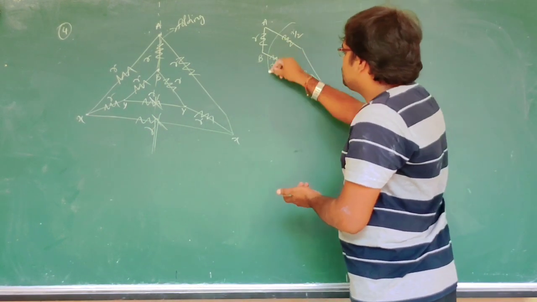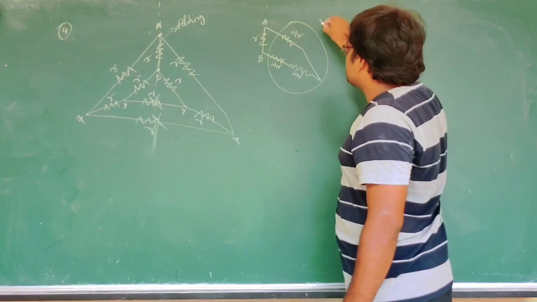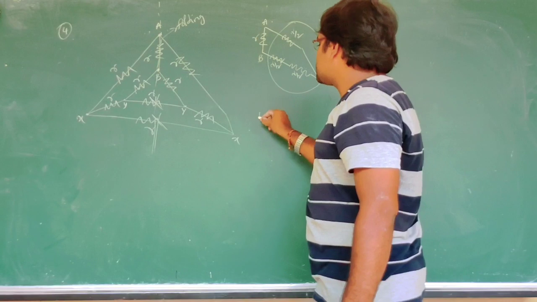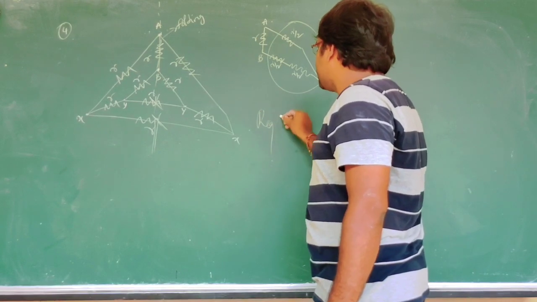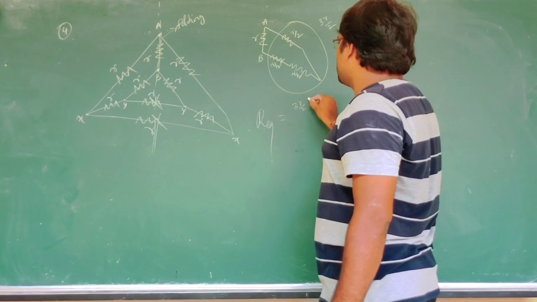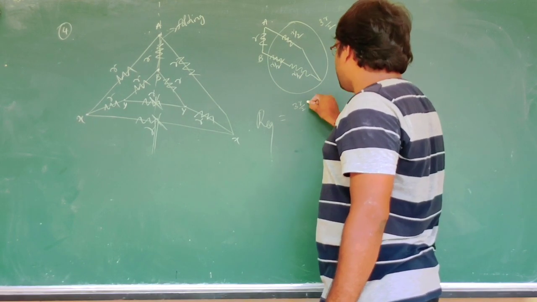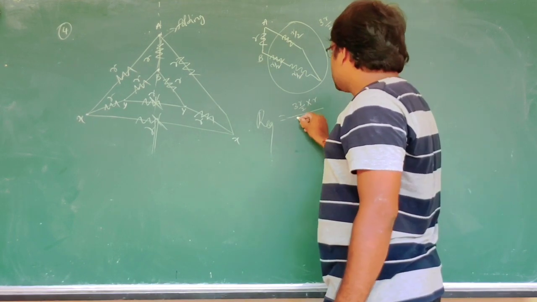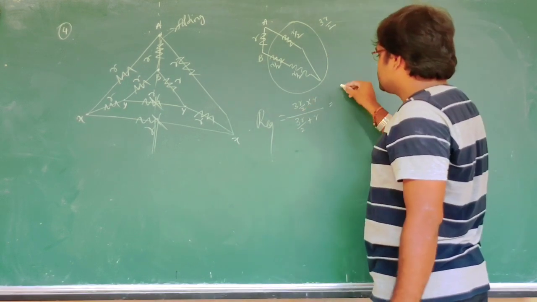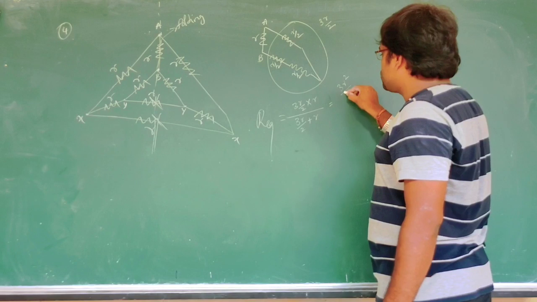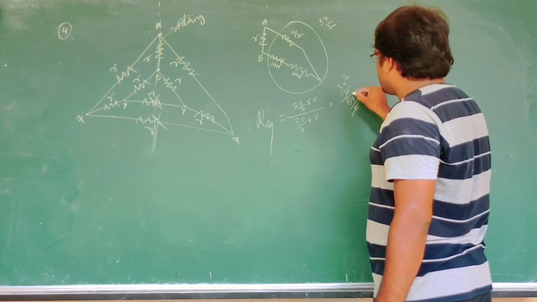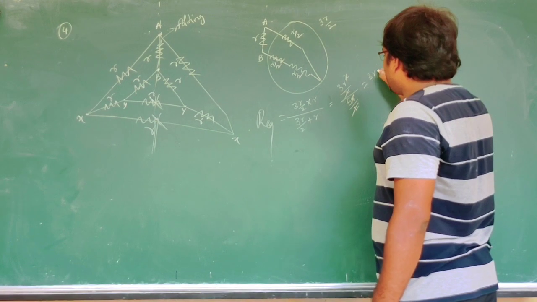These are in series, 3R by 2. This in parallel with this is equivalent: 3R by 2 plus R, into R, by 3R by 2 plus R. Then 3R square by 2 by 5R by 2. 2 cancels. Then 3R by 5.